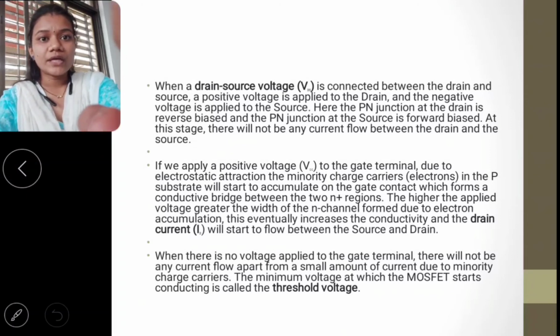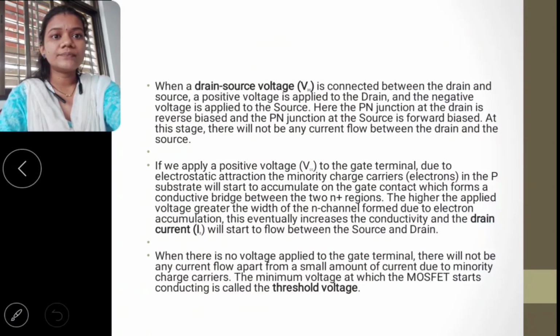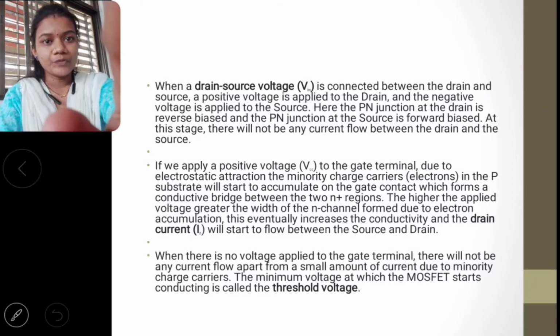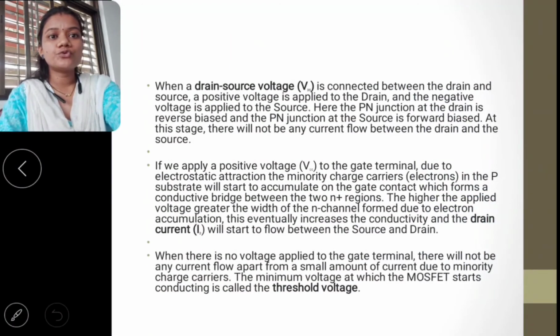So as we increase the voltage, the channel's width also increases. This will eventually increase the conductivity and the drain current. Because of this, the drain current will increase and start to flow between source and drain. This is the flow of electrons between source and drain.